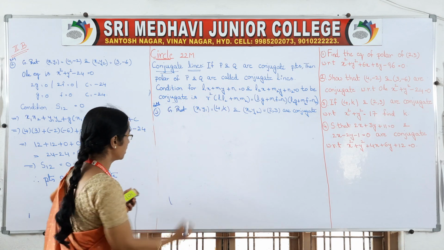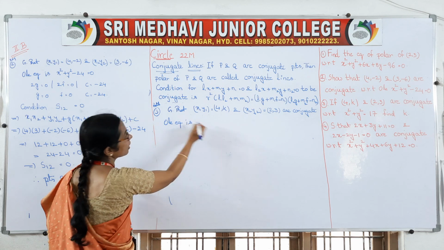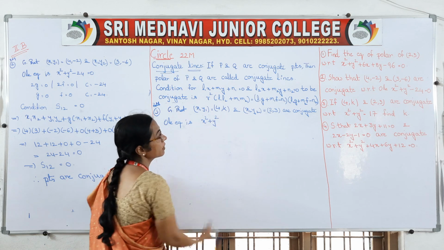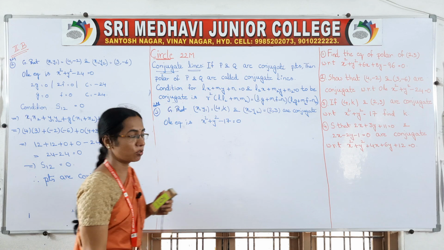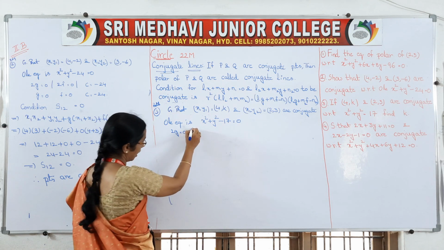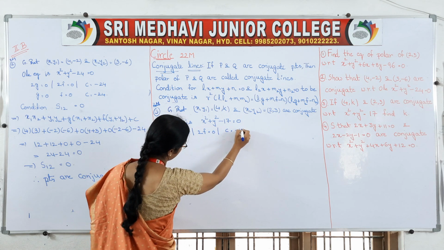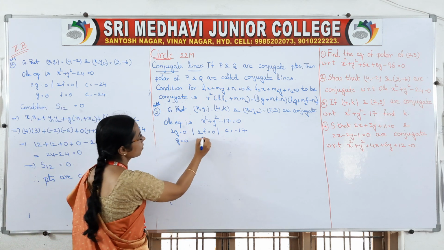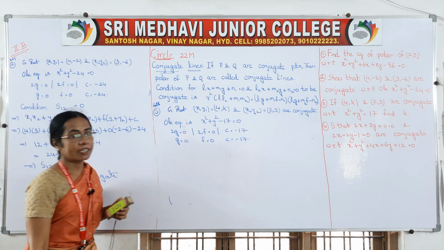And the circle equation is x square plus y square is equal to 17. Bring this side: minus 17 is equal to 0. Compare it. 2g is equal to 0, there is no x term and there is no y term, so 2f is equal to 0 and c is equal to minus 17. So, g is equal to 0, f is equal to 0, c is equal to minus 17.